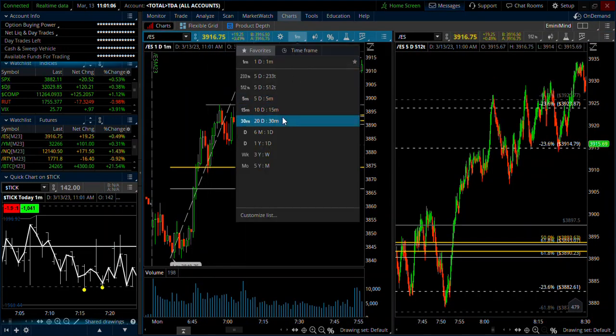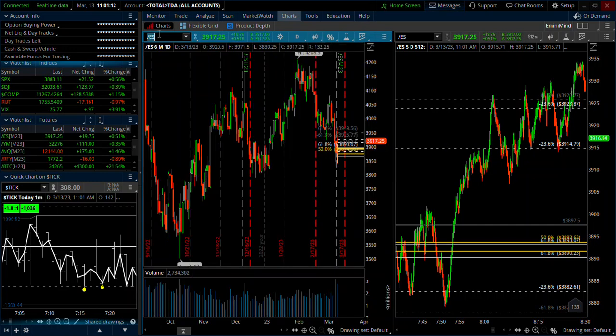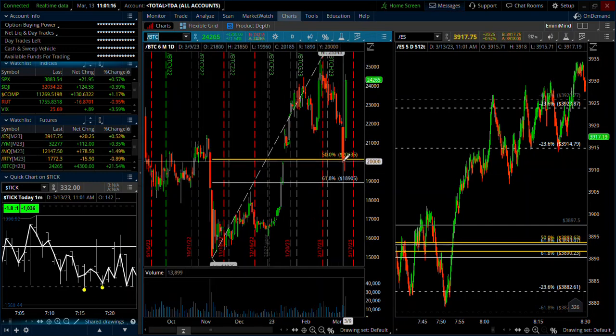And so one thing I wanted to touch on: Friday, we actually had a Bitcoin move down to its 50%, and we had a hammer. I chose to do a buy here at the 20,000 level on this hammer 50% touch. Anytime you come down to 50%, it might seem a little bit scary, and you might have some fear in doing it.